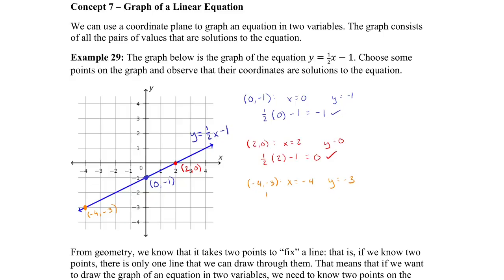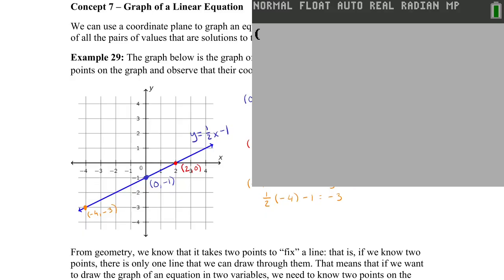If I plug those in, my equation becomes a half times negative 4 minus 1 is negative 3. Maybe we want to use a calculator to check that. We'll take a half times negative 4 minus 1. And as we hoped, that really does give us negative 3.